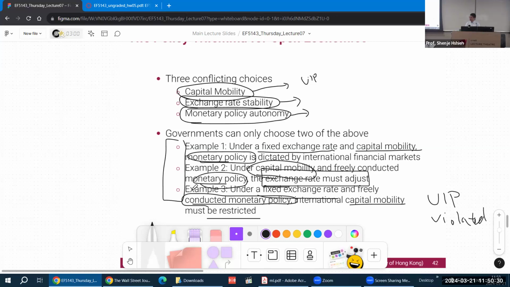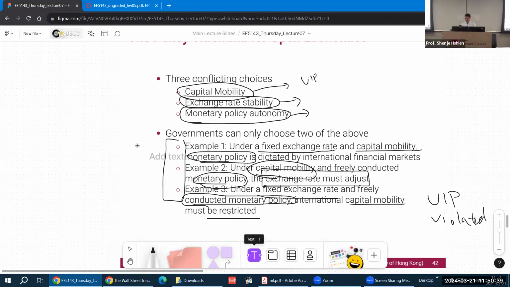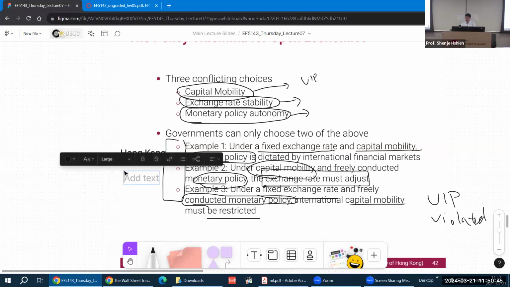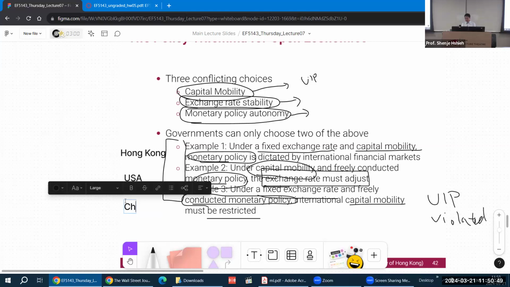So based on these three bullet points, you can already kind of see which countries best represent each of these examples, right? Example one is Hong Kong. Example two is USA. And example three is China, right?